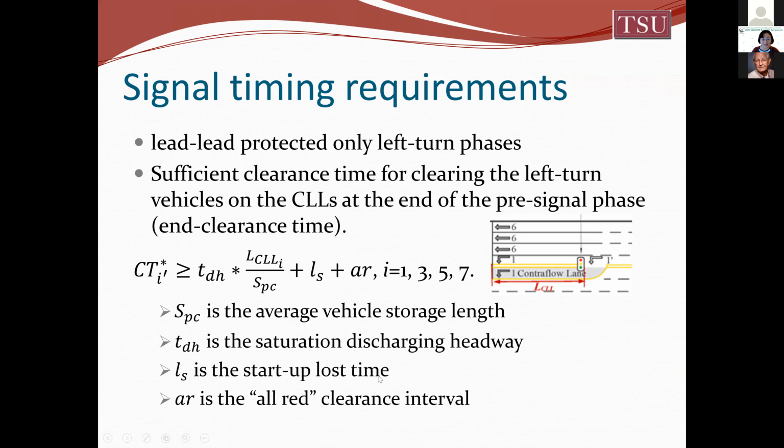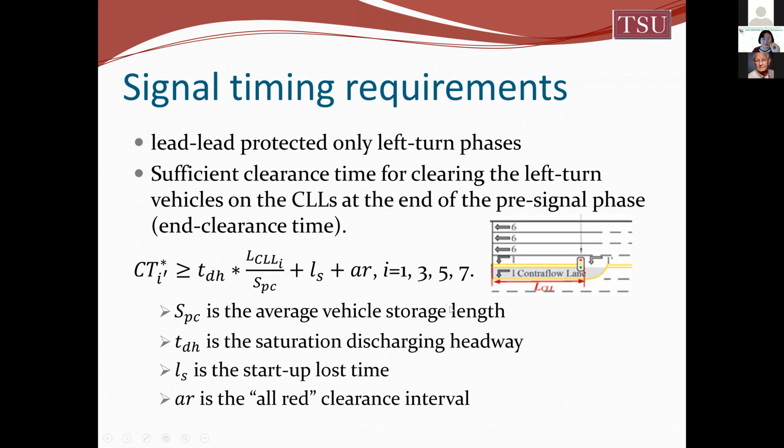We also add the startup loss time and the all-red clearance time. We add all this required time together. This ensures we can clear all the vehicles stored in the contraflow left-turn lane before we cut the green light at the main intersection and allow the opposing vehicles to go through. So this is the second major requirement.